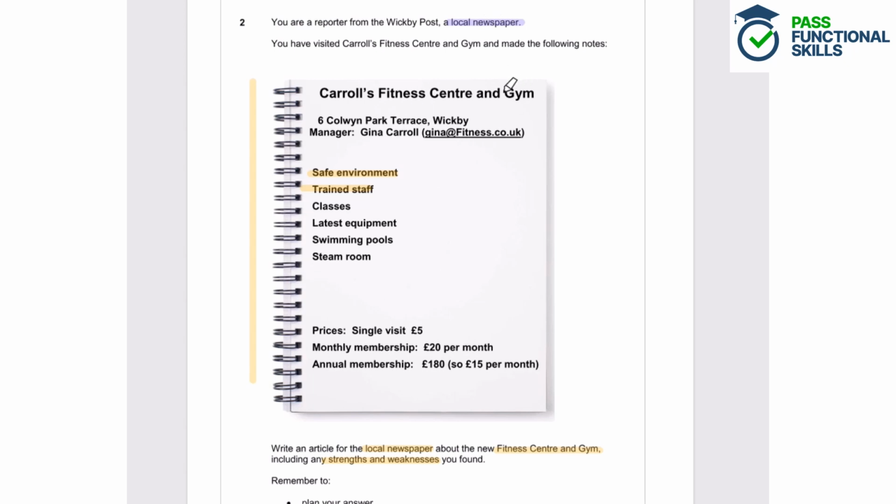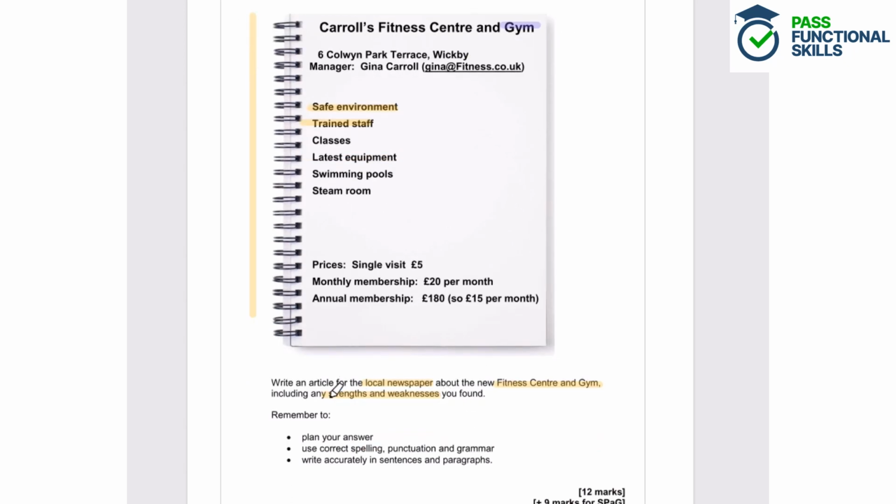And because we're talking about a gym, we're likely going to be writing to people that are interested in fitness and exercise. So that's our audience, and our purpose is to evaluate the strengths and weaknesses. And we're also writing an article for a newspaper, so we're going to be informing people. We're going to give information about the fitness centre and gym.